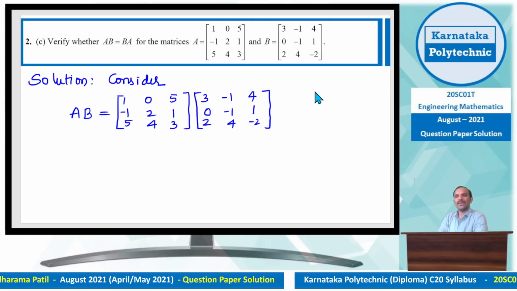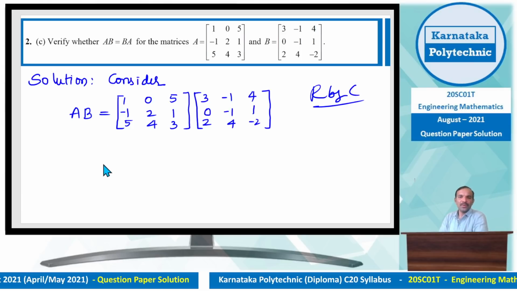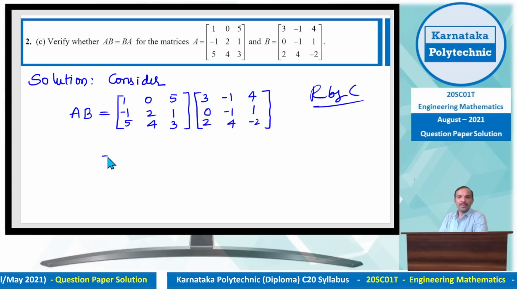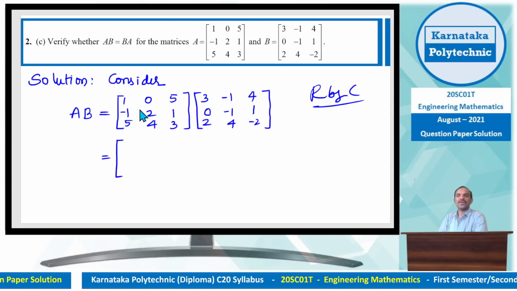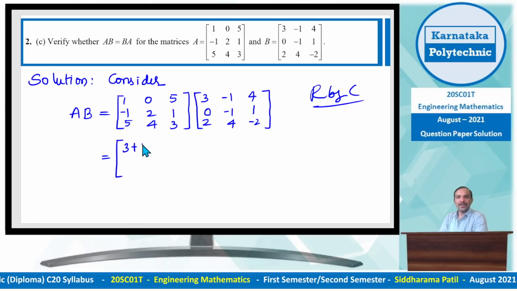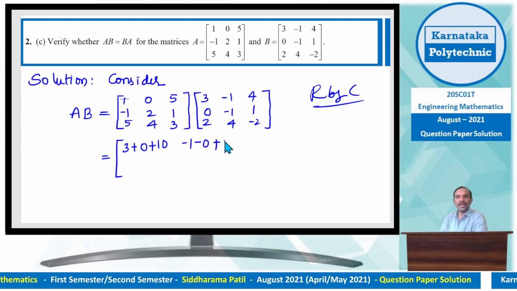For multiplication, what you have to remember, I told you, is row by column. Multiply row by column. First row first column: 1 into 3, 0, 5 into 2, 3 plus 0 plus 10. First row second column: minus 1, 0, 20.